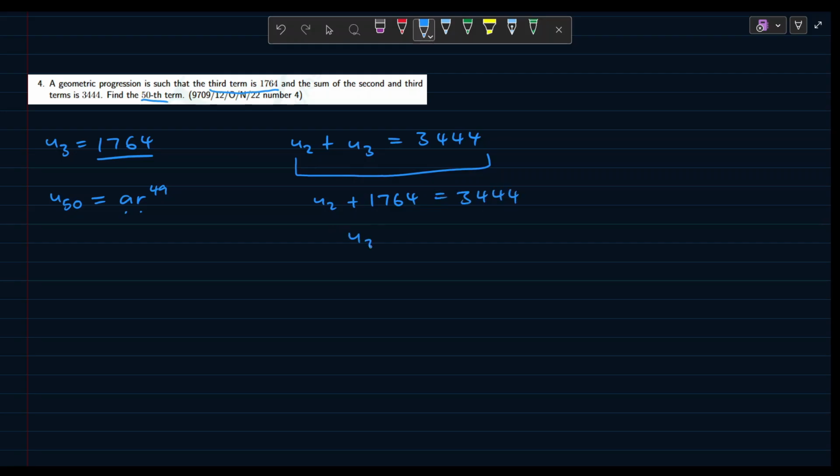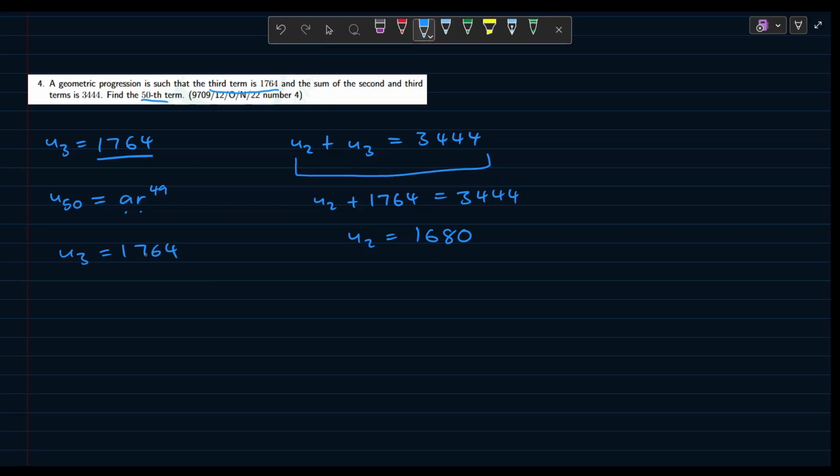So u2 is equal to 3444 minus 1764, which gives us 1680. So now we've got both u3 and u2.